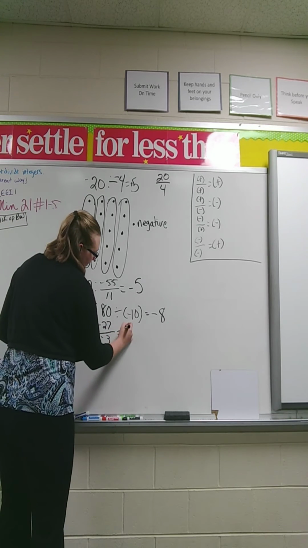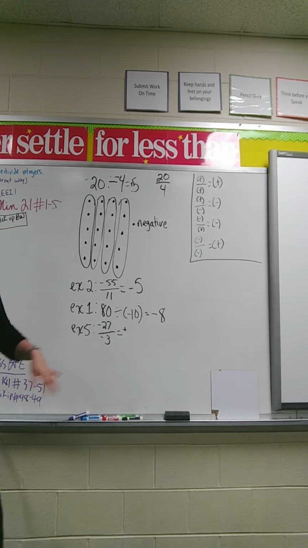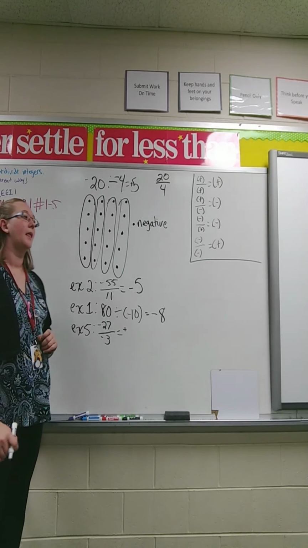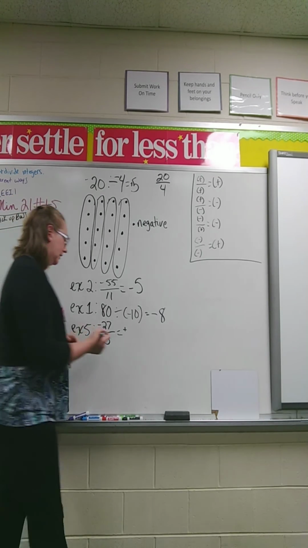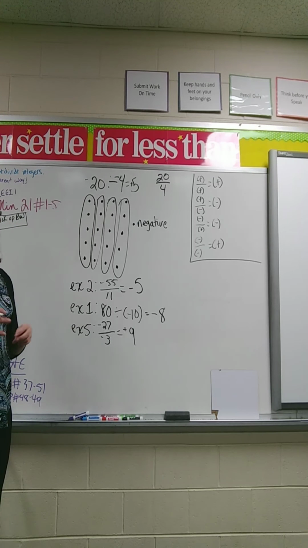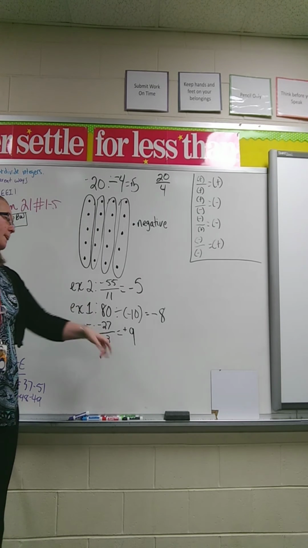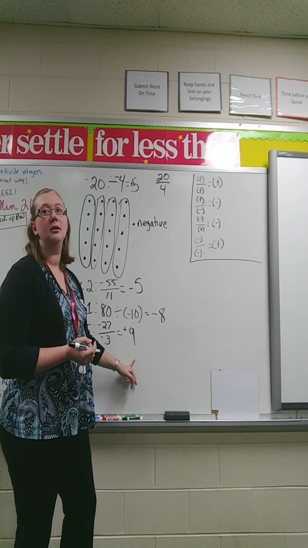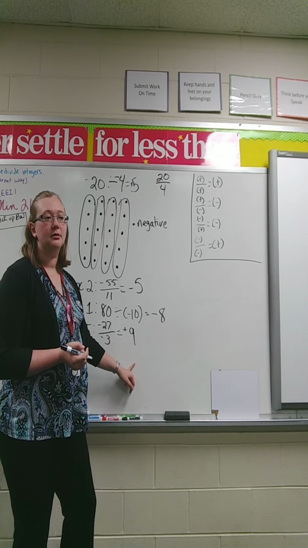So I'm going to write a little plus sign for positive. 27 divided by 3 is going to be 9. So negative 27 divided by negative 3 is going to be a positive 9.